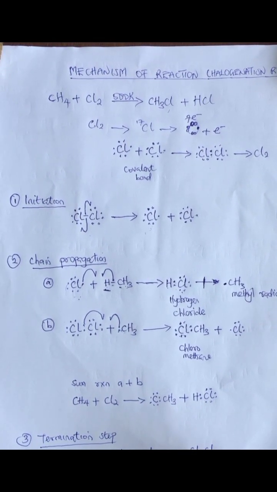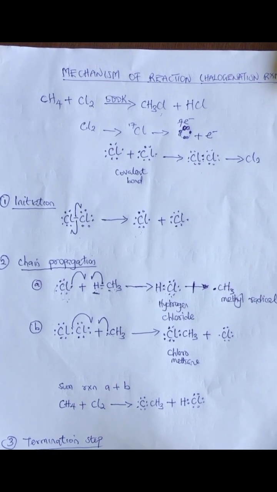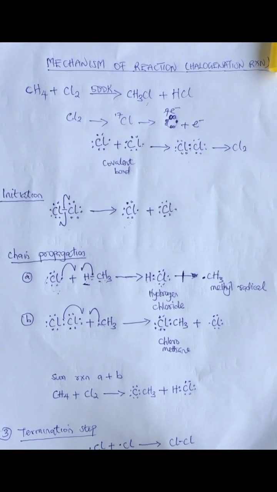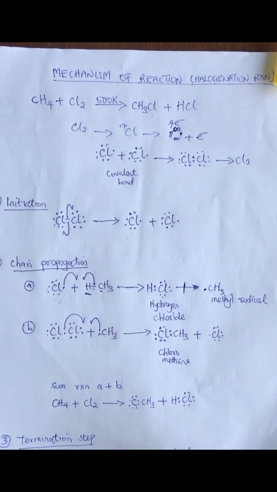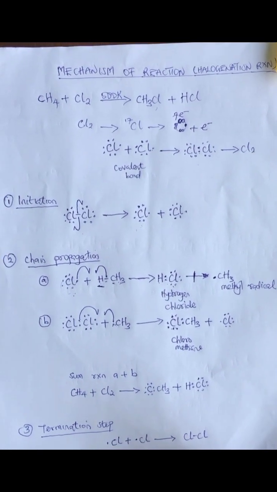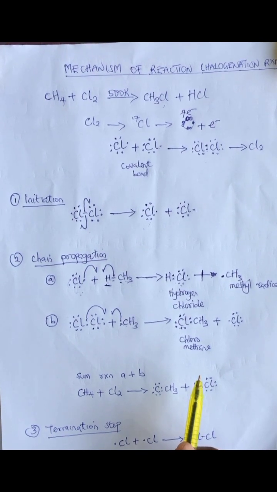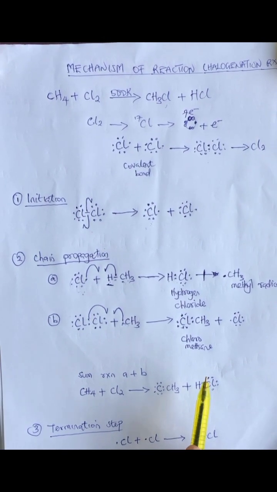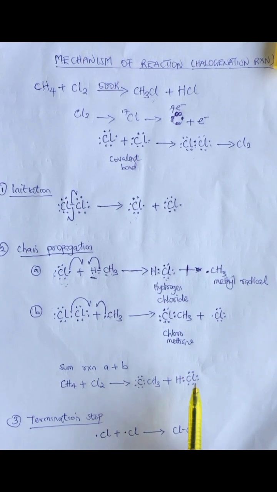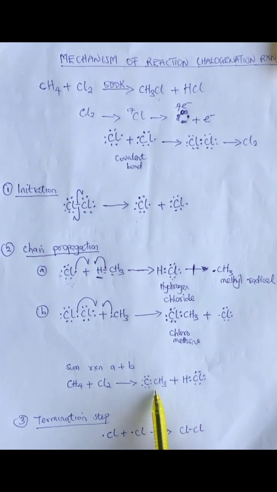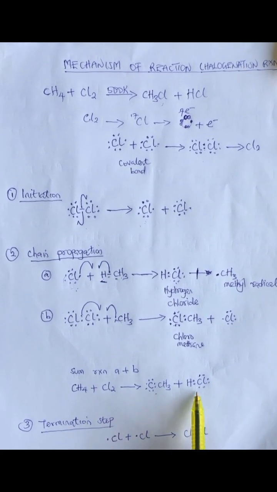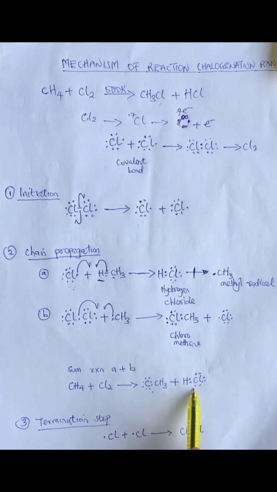So once this happens in the system, it means there will be a halt in the reaction. That is to say, all the possible reactions have taken place. So this is the mechanism of our halogenation reaction.